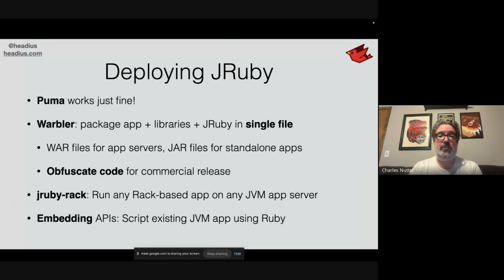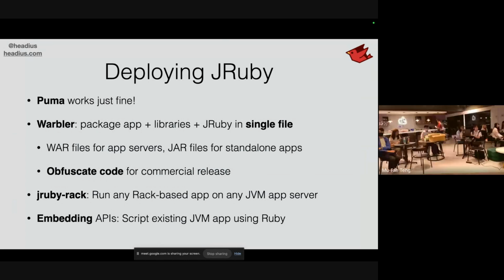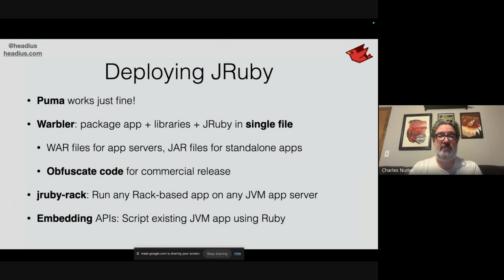You can just tell Java to run this, and it includes JRuby, all of your dependencies, your whole app in a single file, no native extensions, no build tools necessary to deploy it. It also can pre-compile all of your code internally to JRuby's format and basically obfuscate code. We have people that sell commercial software that is completely written in Ruby, but packaged up like this with JRuby.